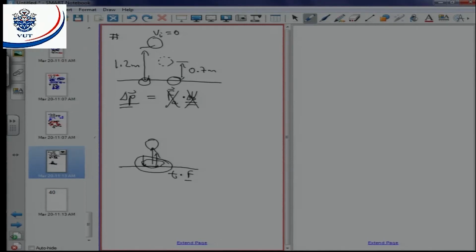The momentum that it has as it hits the surface is our initial momentum. So we need the final speed as it hits the surface for this part. So here we need Vf, and that Vf is our initial for the change in momentum.